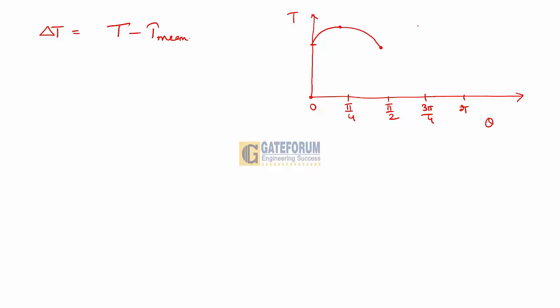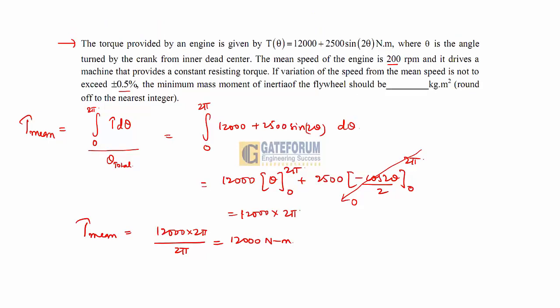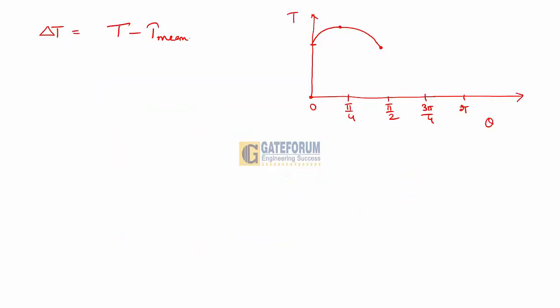At 135 degrees, which is sine 270, that is minus 2,500, so this will be 12,000 minus 2,500, which is 9,500. So the value will be below. This is 12,000, this is 14,500, next this will be 9,500, and finally it will come back to 12,000.